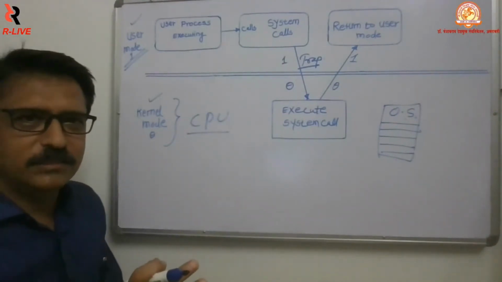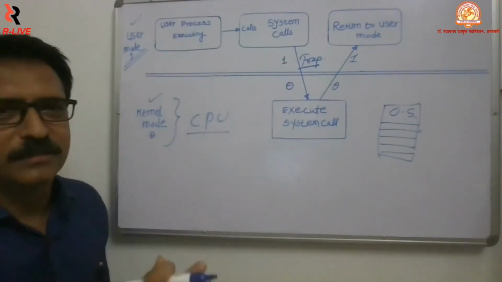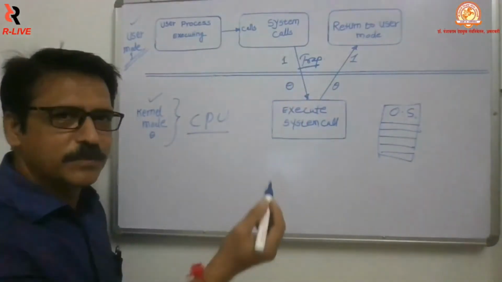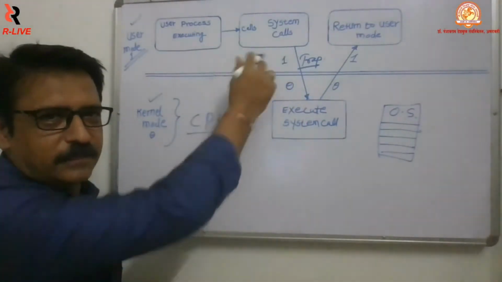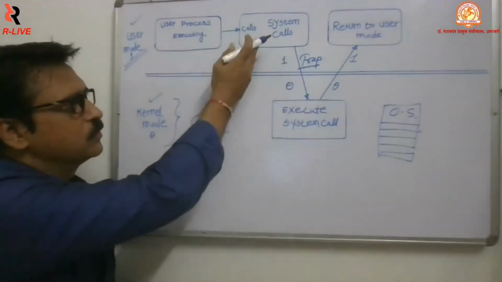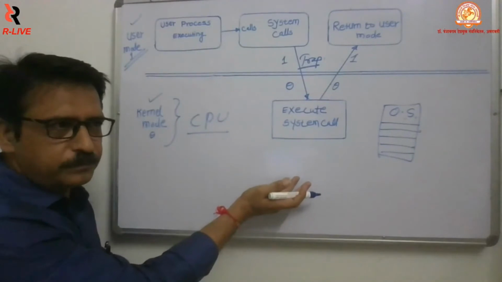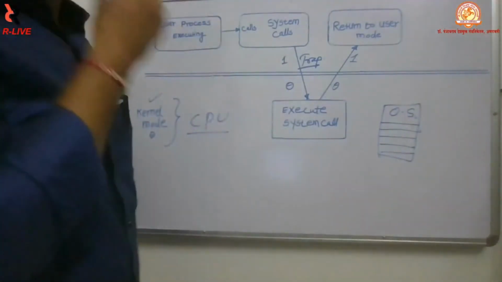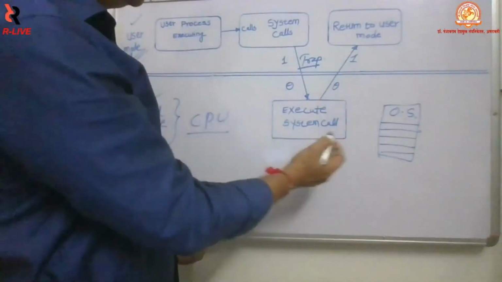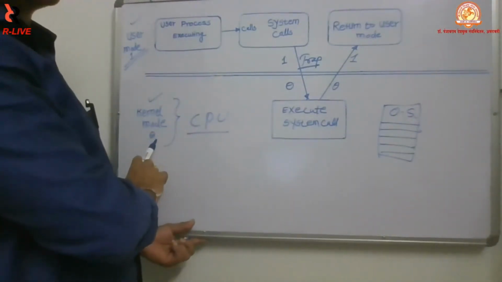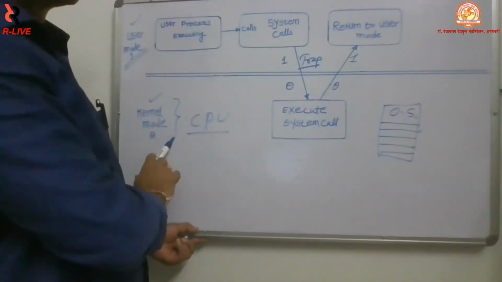As soon as such illegal instructions are executed, the trap generates, or you can say an interrupt occurs, and the processor goes from user mode to kernel mode. We know that the mode bit is set to 0 in kernel mode.